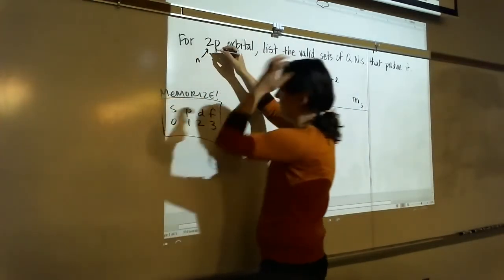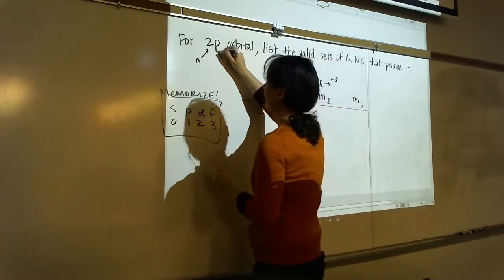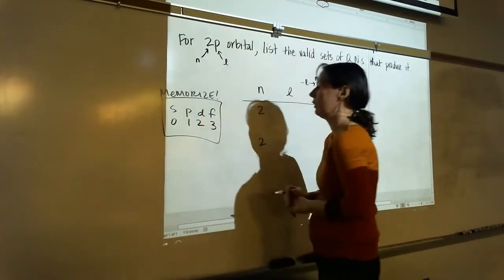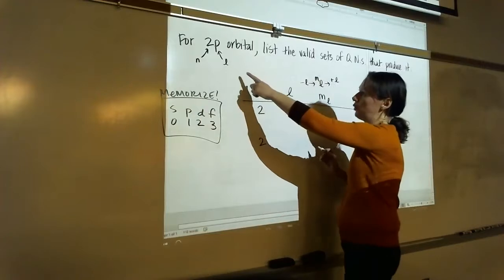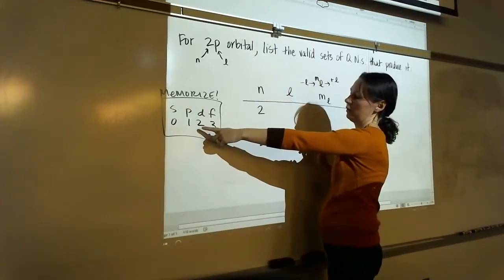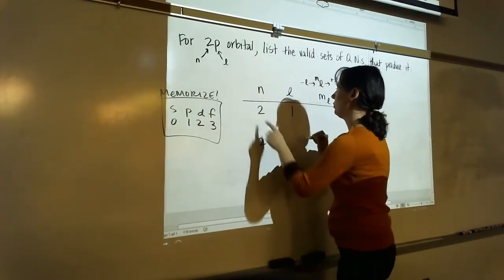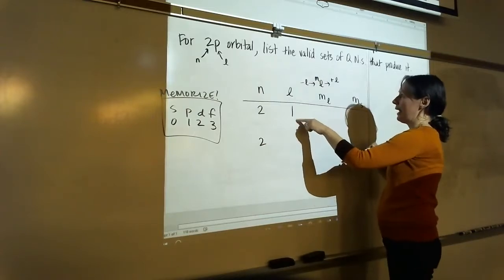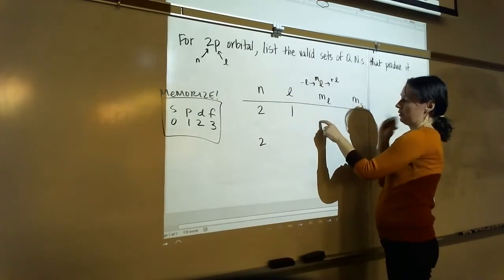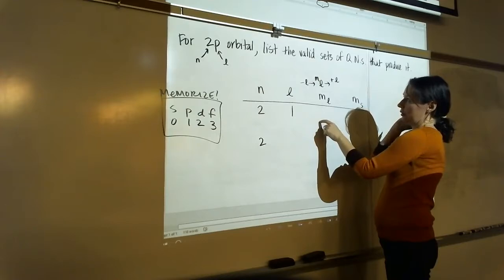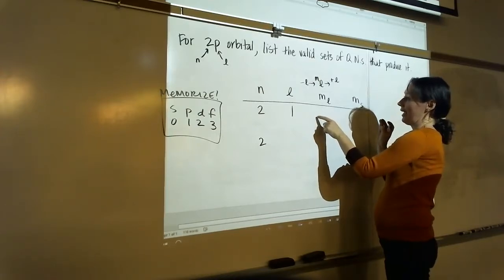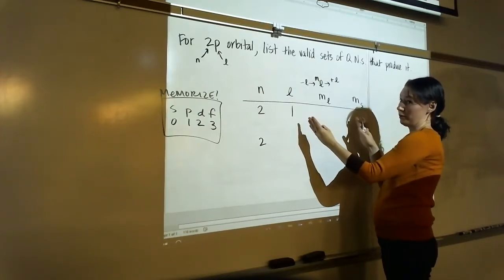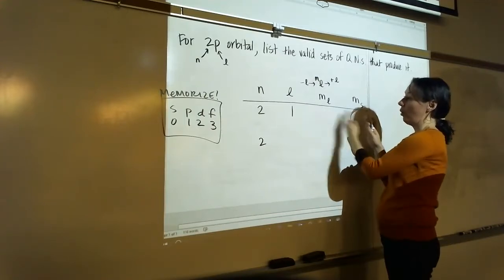So all of our sets are going to begin with 2. And then this is still the value of L. What's the value of L for a p orbital? 1. So 2, 1. Now what's my range? -1 and a positive. -1, and what numbers between -1 and +1? 0. So it's the whole range.